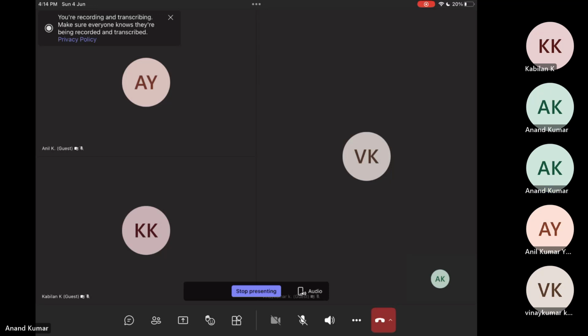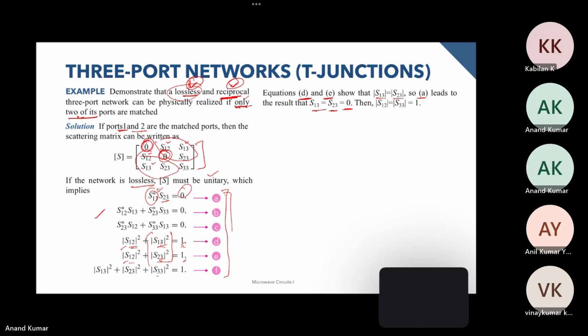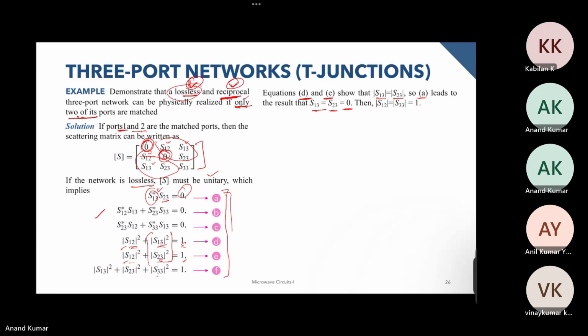Is it better now? Yeah, better, but echo is coming. Yeah, I could not hear you. Can you say something? Am I audible? Yes, you are audible. It's fine. Okay. Is it better now from the previous device? I think from my end it is clear. It's okay. Okay, yeah, thanks. So I don't know how much you're able to follow.